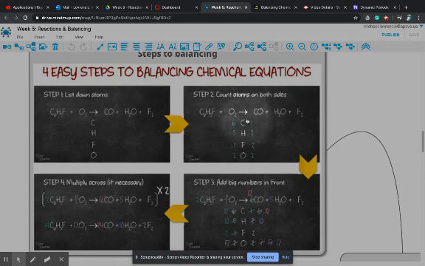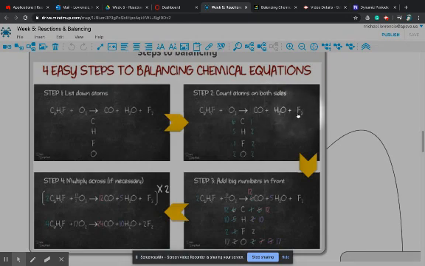And then on the product side, we have 1 carbon, 2 hydrogens, 2 fluorines, and 1 plus 1 is 2 oxygens. When you have something with oxygen, especially in these combustion reactions, leave the oxygen to last, okay? Because often you'll have to change it since it appears in 2 things. So do the carbons, the hydrogens, and in this case the fluorine first, get those to balance, and then worry about the oxygens.